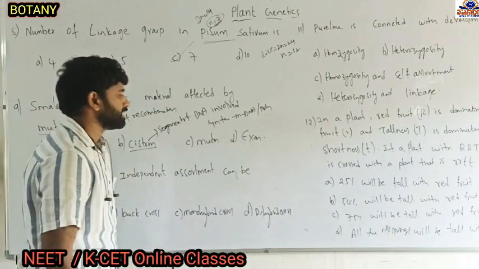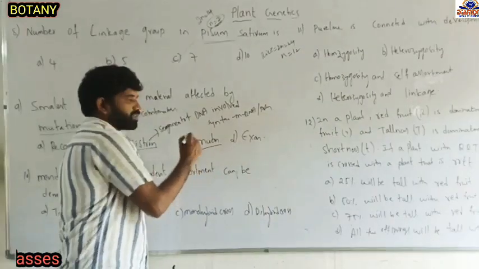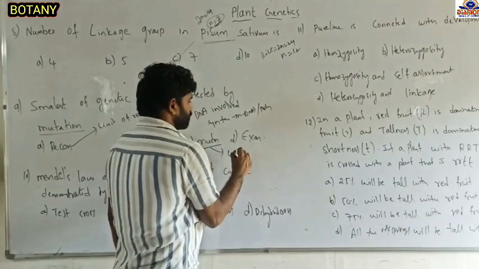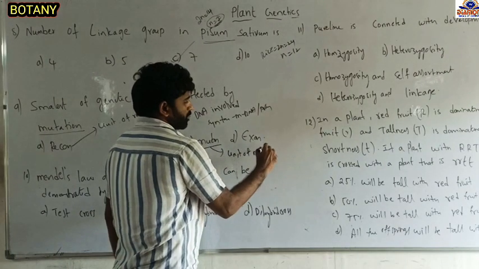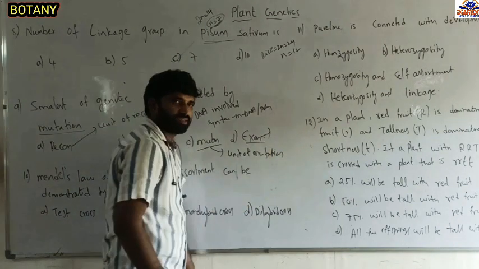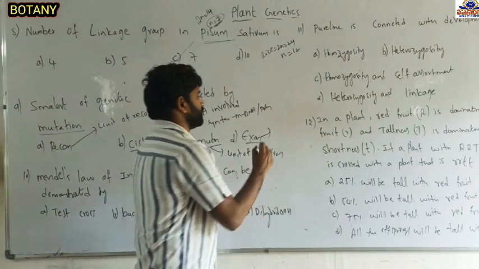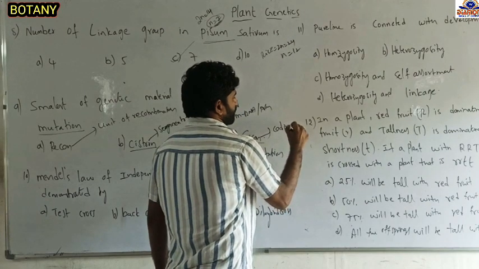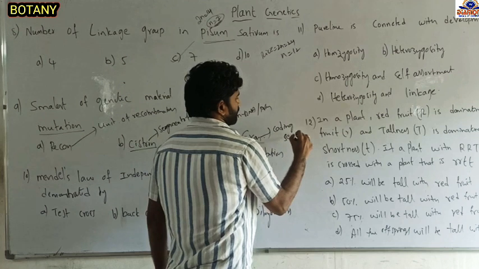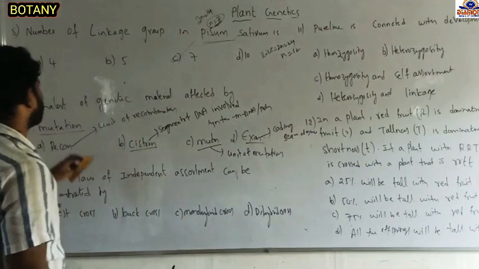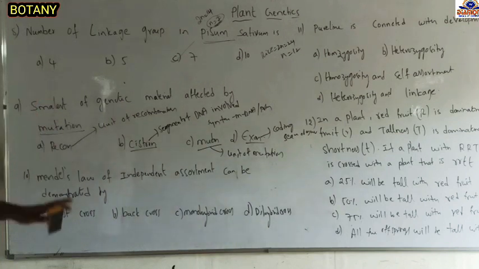Muton is the unit of mutation. Exon is the coding sequence of a gene. So now they are asking for the smallest genetic material affected by mutation.